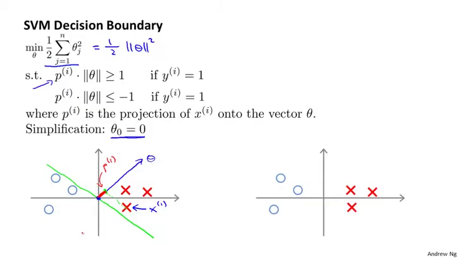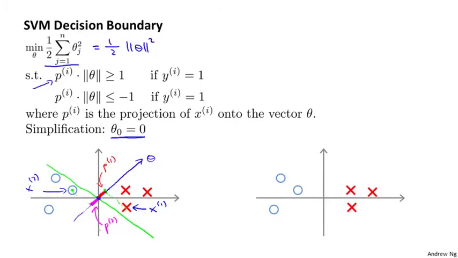And similarly, if this example here happens to be x2, my second example, then if I look at the projection of this example onto theta, let me draw this one in magenta. This little magenta line segment is going to be P2. That's the projection of the second example onto the direction of my parameter vector theta, which goes like this. And so this little projection line segment is going to be pretty small.